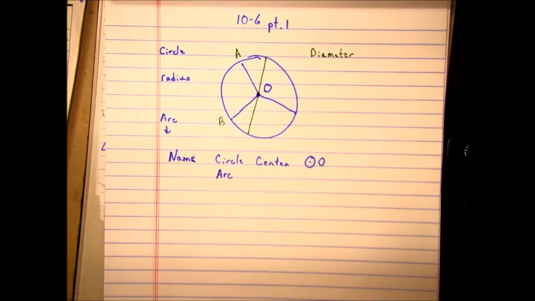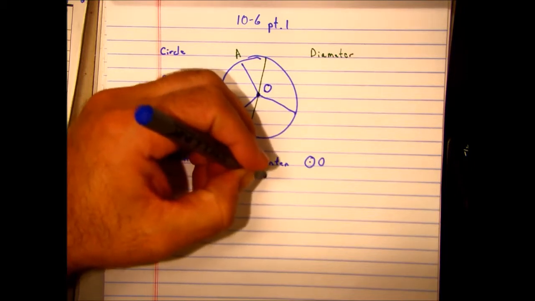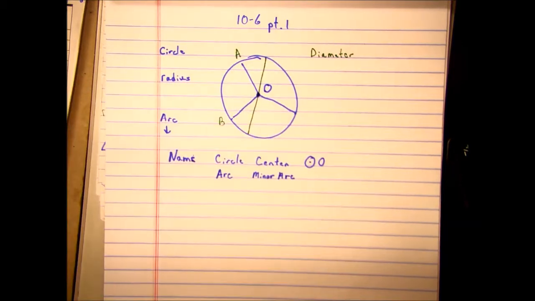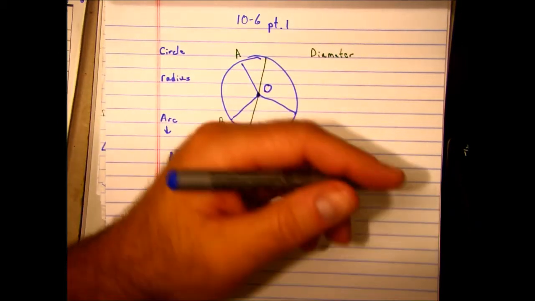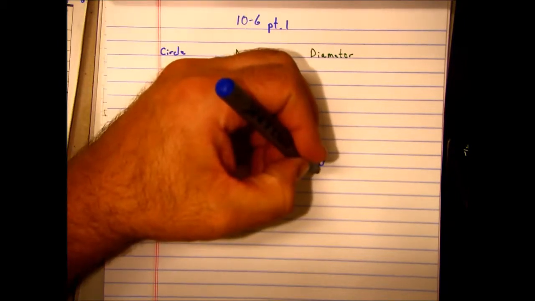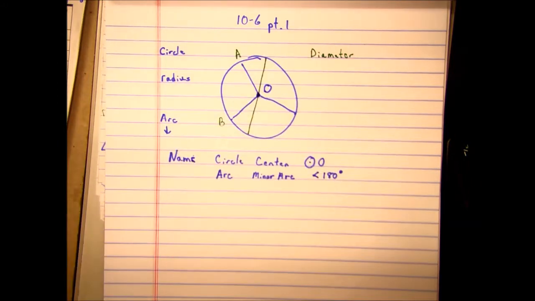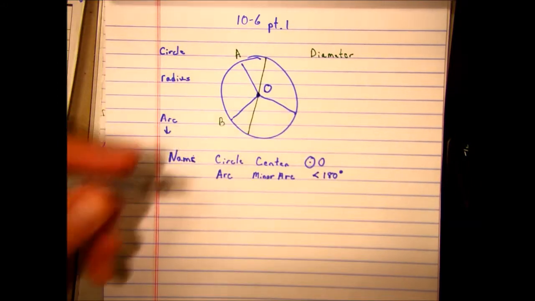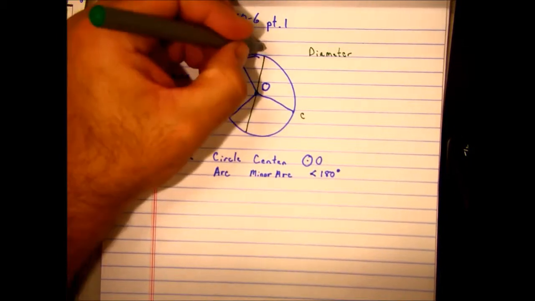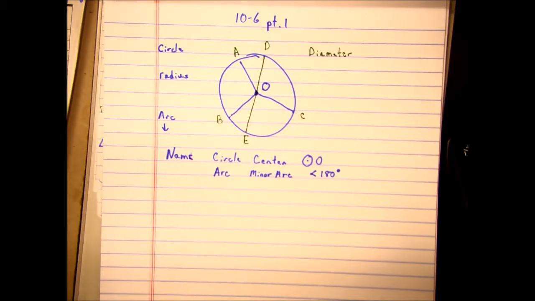you have three types of arcs. You have a minor arc. A minor arc uses two letters and is always less than 180 degrees. So in the picture above, we have several minor arcs.